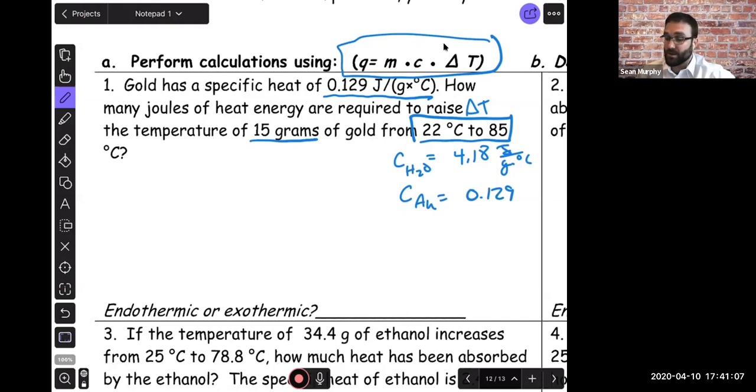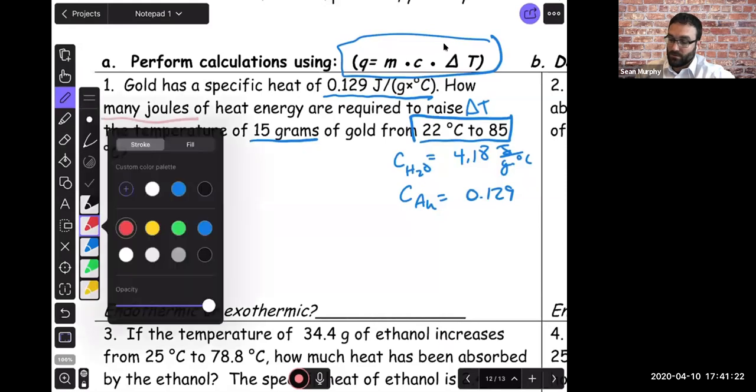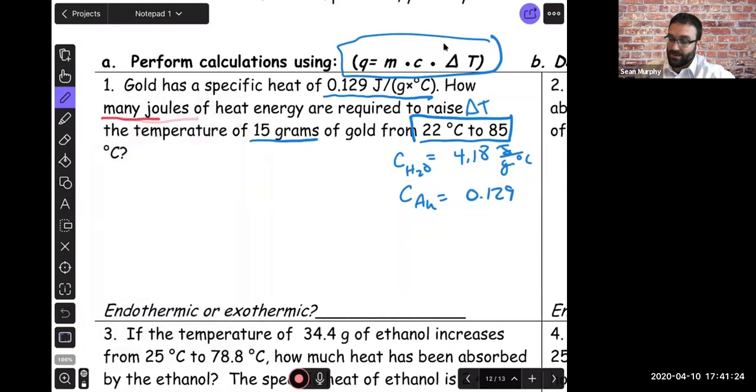So let's calculate our missing variable. So let me change my colors here. Gold has a specific heat of 0.129. How many joules? Now, remember, heat is measured in joules, are required to raise the temperature of 15 grams.